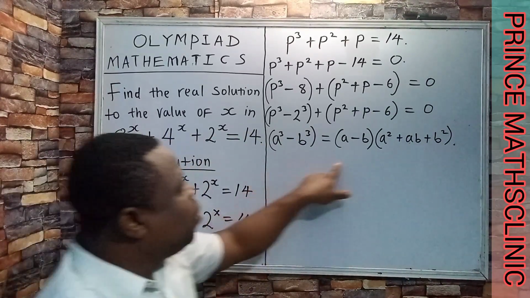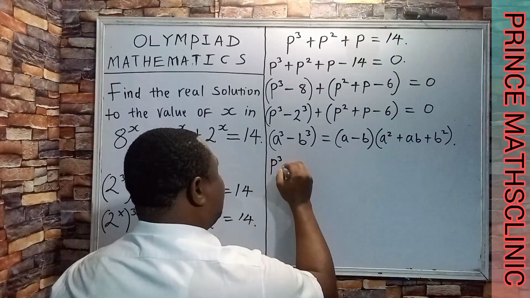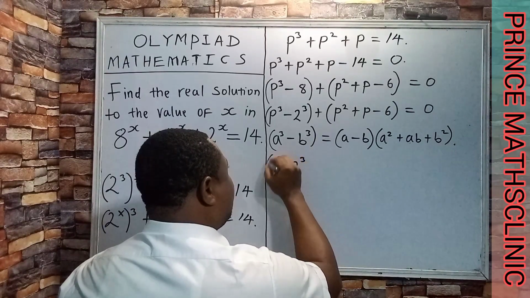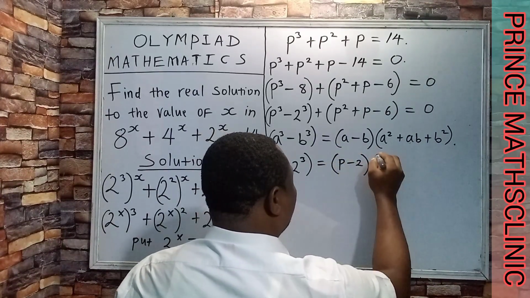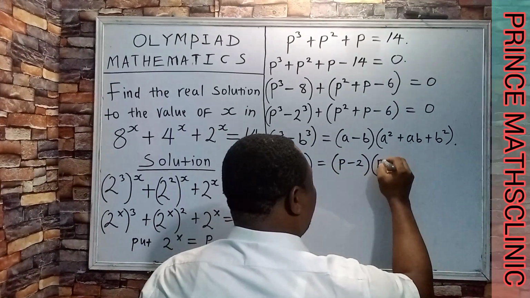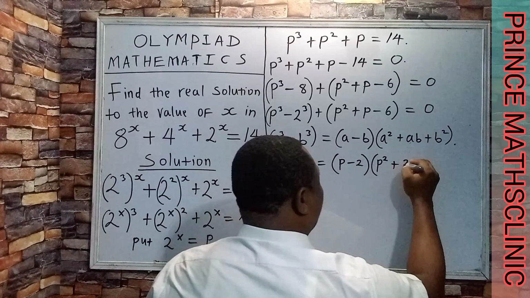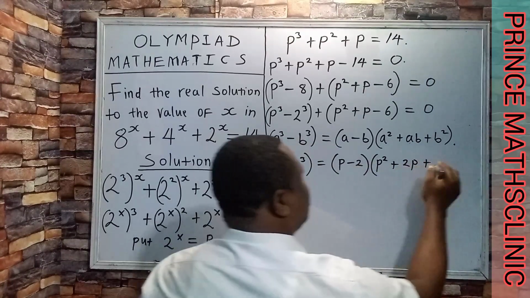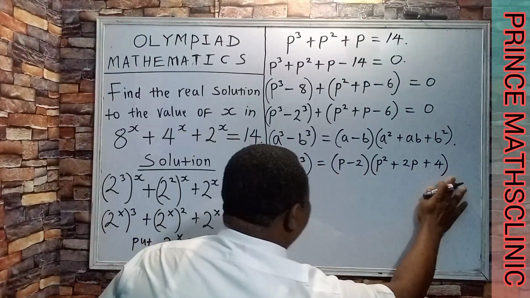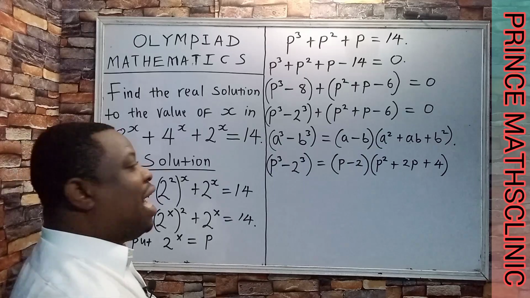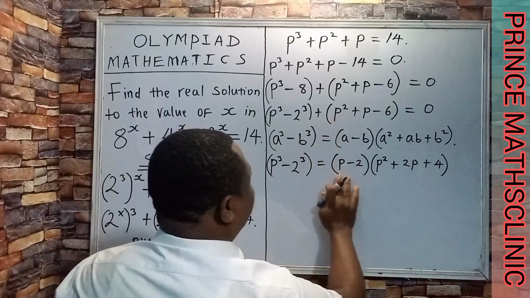So using this formula to resolve this, p to the power of 3 minus 2 to the power of 3 will now become p minus 2, then square p, this becomes p squared, then p times 2 becomes 2p, then square 2 becomes 4. So if I expand this bracket, I'm going to get back this. So now let's proceed.